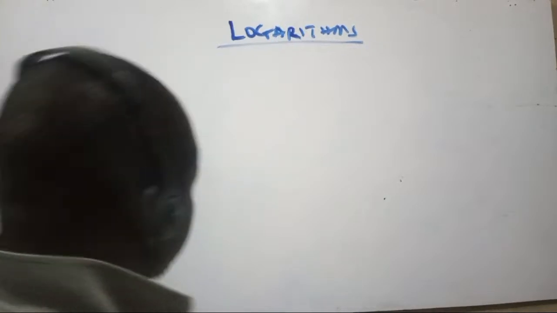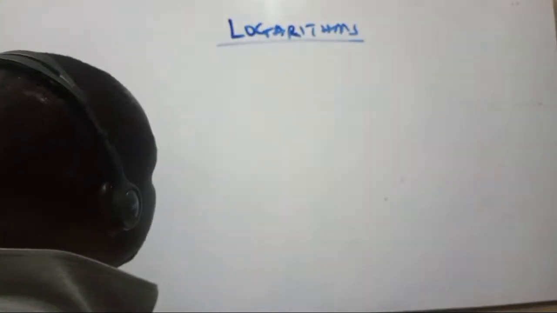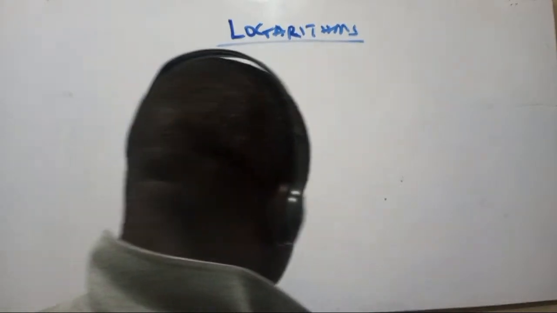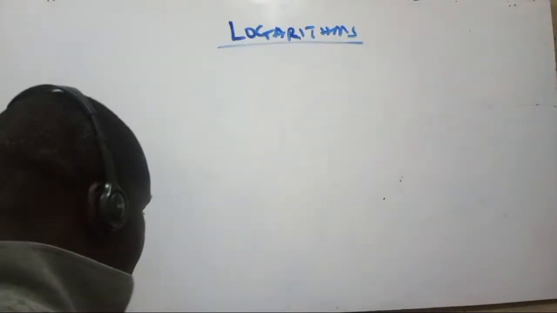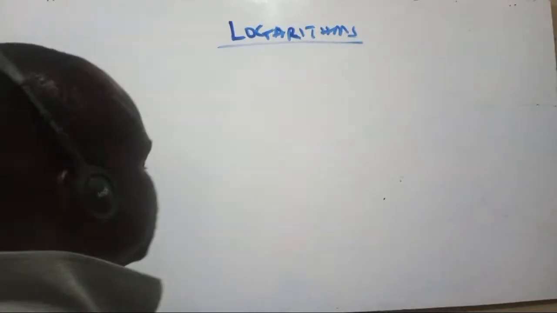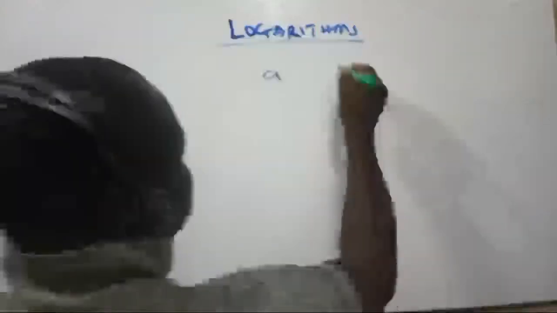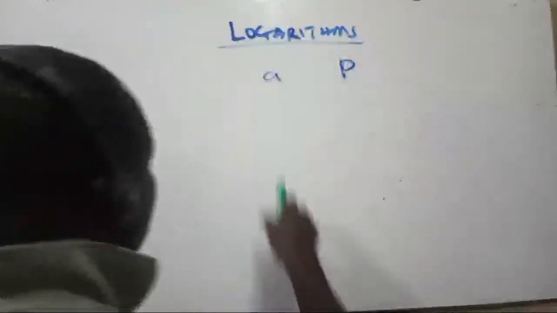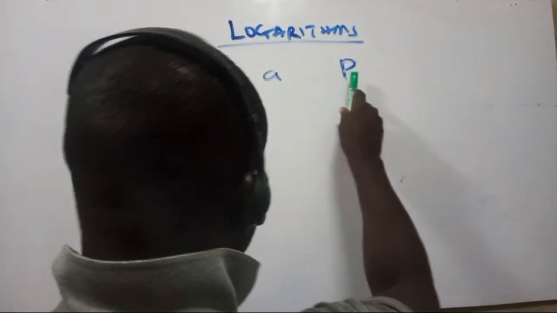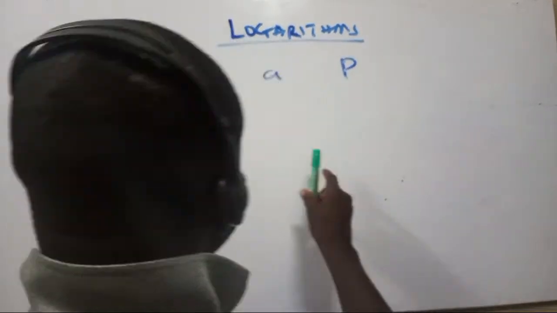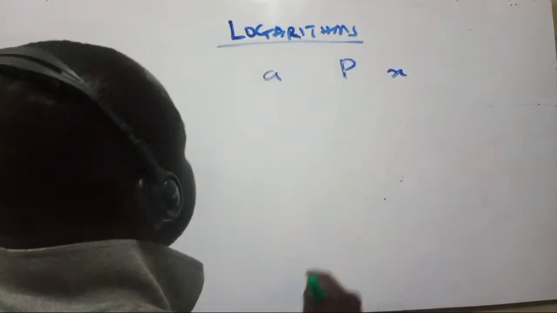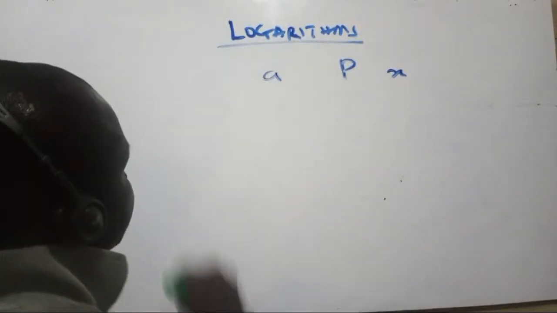So what is logarithm? The logarithm to a base of a number is the index to which the base must be raised to be equal to that number. For instance, let's say number p, the logarithm to base a of the number p is the index x to which a must be raised to be equal to p.